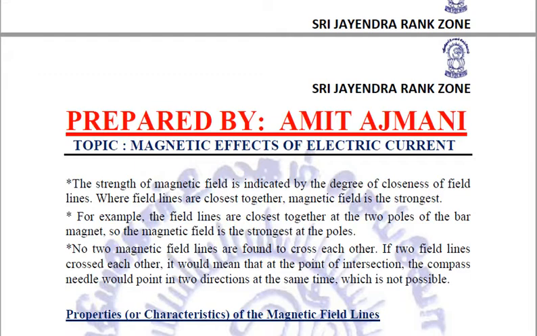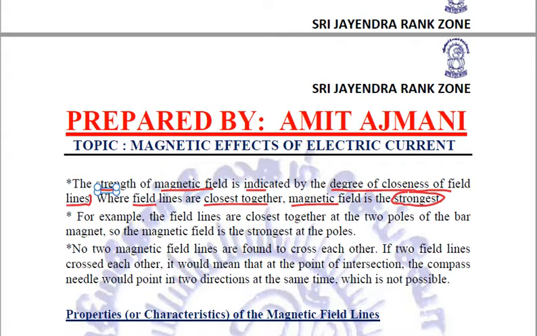Now, if we want to relate the strength of magnetic field, it is indicated by the degree of closeness of field lines. Wherever the magnetic field lines are closest together, the magnetic field will be the strongest at that point.